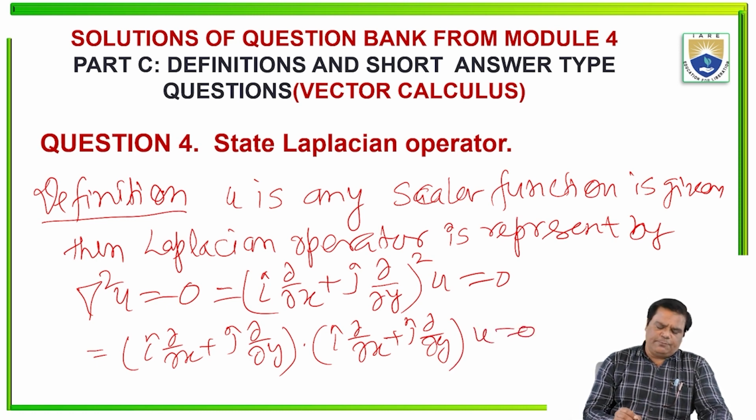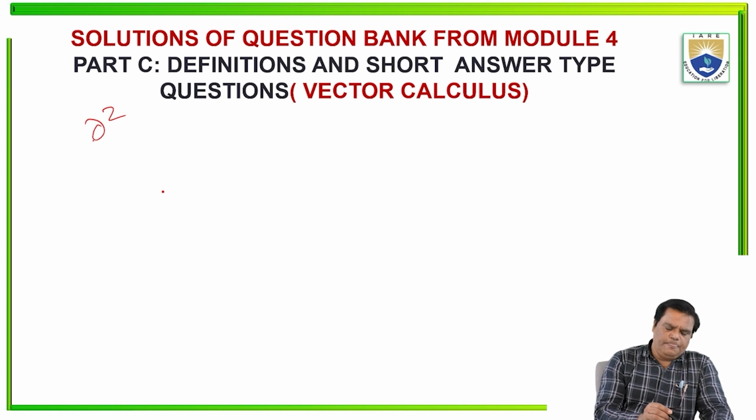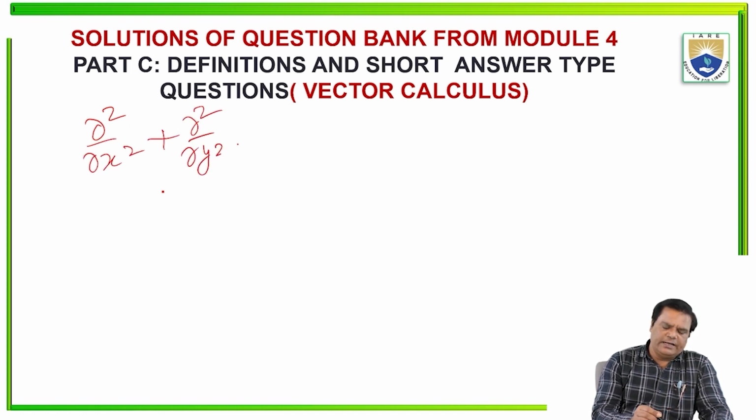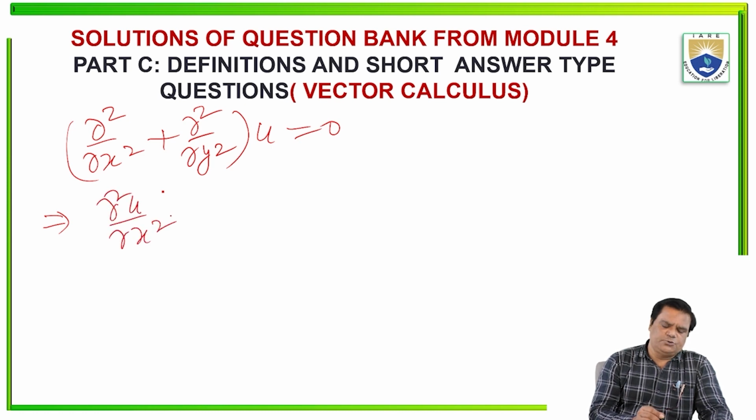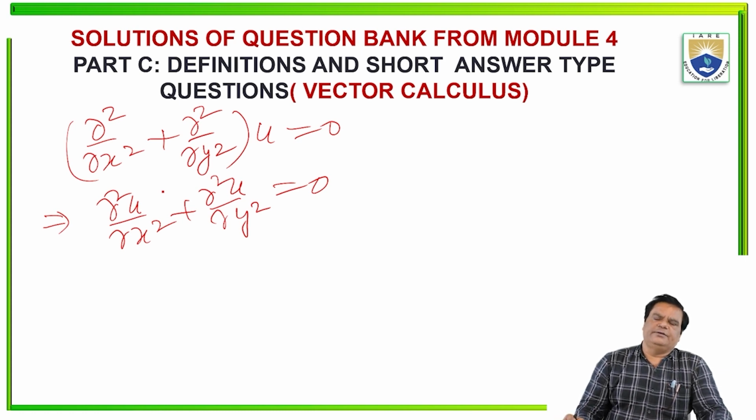Taking the dot product between i and j, we write ∂²/∂x² plus ∂²/∂y², and u is equal to 0. So this implies ∂²u/∂x² plus ∂²u/∂y² equals 0. This is the Laplacian operator del.